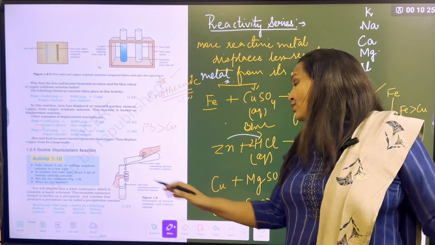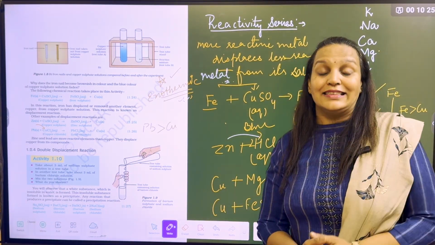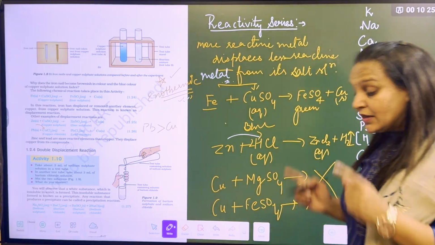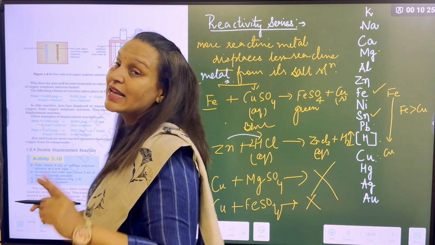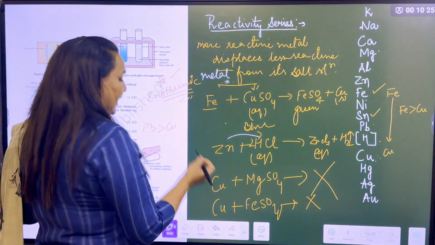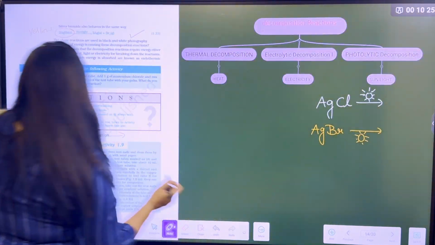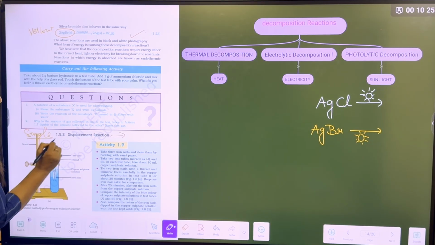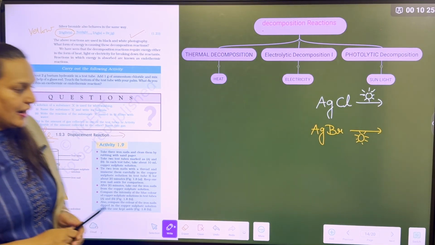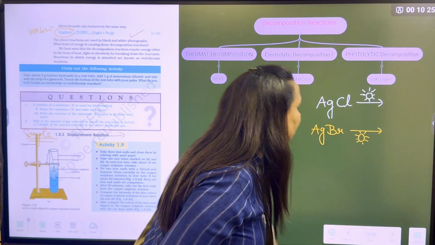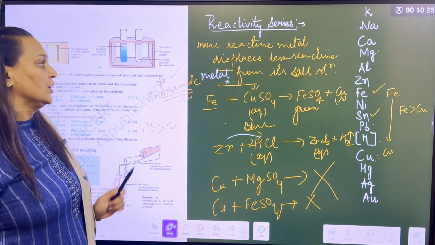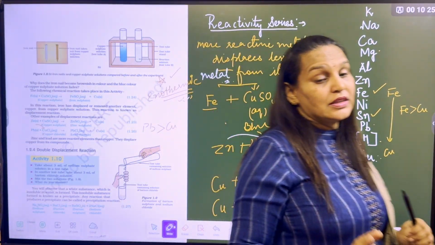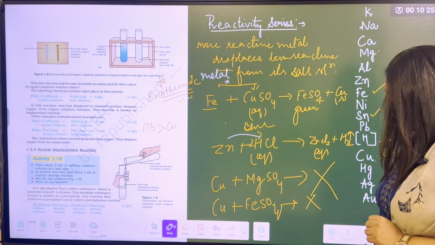It cannot push the magnesium or iron from its salt solution. So always remember, displacement reactions are also known as single displacement, where one reactant is in the form of an element and another is in the form of a compound. So displacement reactions are entirely based on the reactivity series.